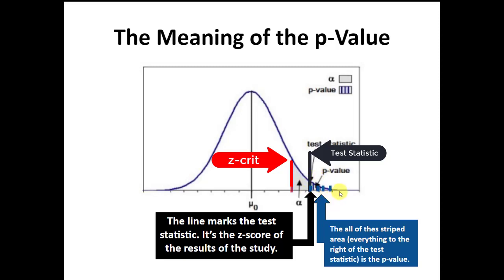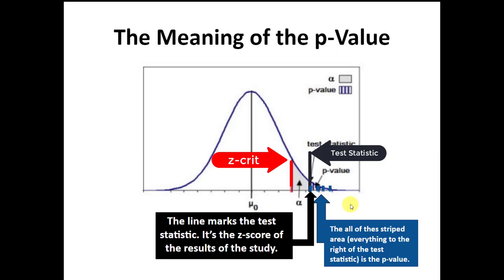That is the probability of obtaining your test statistic. So your test statistic has to surpass your z-crit, and your p-value has to be smaller than your alpha. These two things should happen together each time.